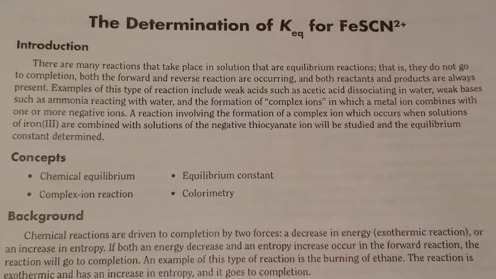And then you'll have some unknown solutions, and from those unknown solutions, you'll be able to establish concentrations from your known absorbance and from your concentration curve. And from that, establish or determine your equilibrium constant.